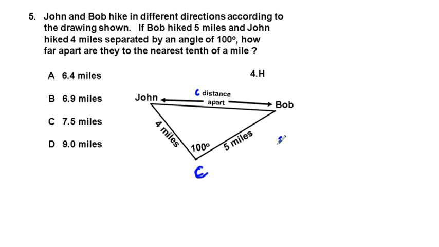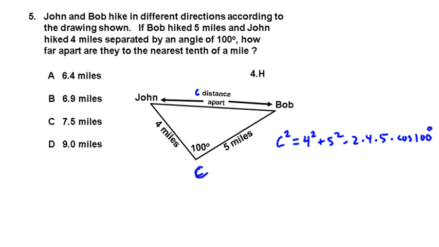So our equation is little c squared equals 4 squared plus 5 squared minus 2 times 4 times 5 times cosine of 100 degrees.